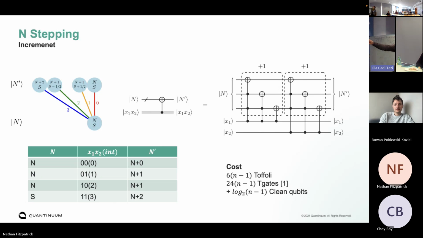So how we do this is we just apply this. This is our spatial orbital coming in here, and basically when this is 0, 0, we won't increment. The incrementer won't fire. So we get N plus 0. When it's 0, 1, one of the incrementers fires, and the other one doesn't.